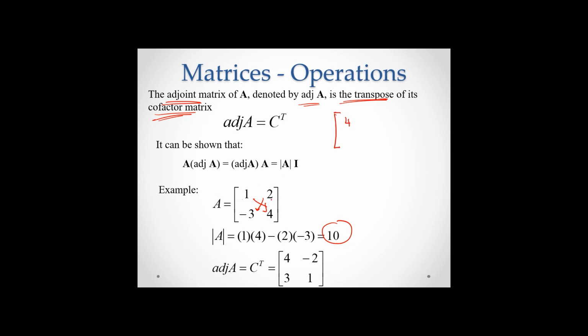What will be the cofactor of 2? It will be 3, because we are taking the negative sign of negative, that is positive. If we have to take the cofactor of 3, that will become minus 2, and the cofactor of 4 will be 1. If I take the transpose, this will be 4, minus 2 and 3, 1. So this will be called the adjoint of the matrix A. Okay, so this is the cofactor matrix.